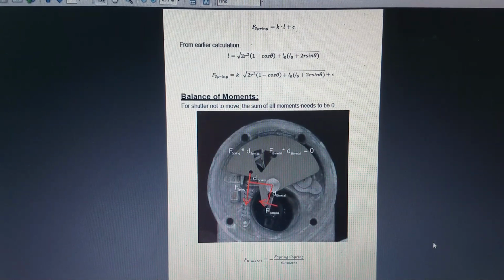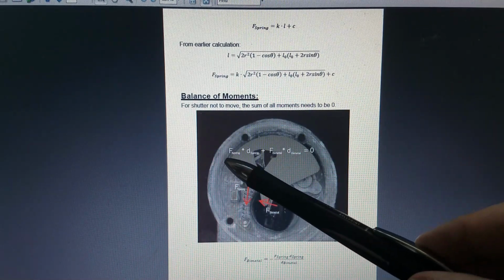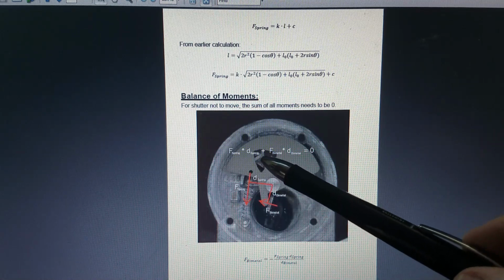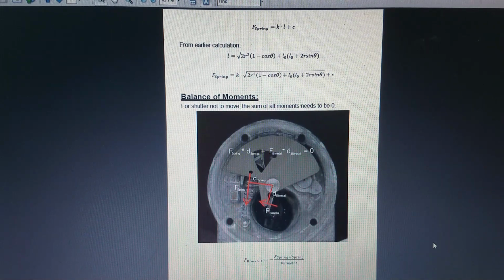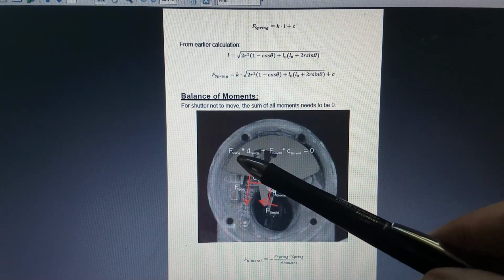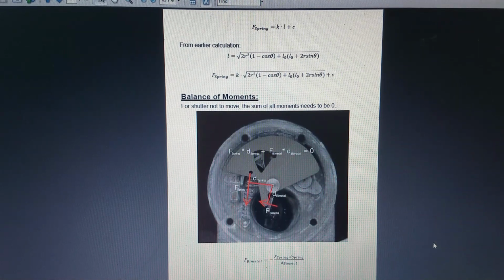So the equation for that is that the moment, force times distance for the spring, plus force times distance of the bimetallic strip equals 0. In other words, the moment the spring exerts has to be cancelled out exactly by the moment the bimetallic strip exerts on the shutter, and it has to be 0, otherwise the shutter would move.